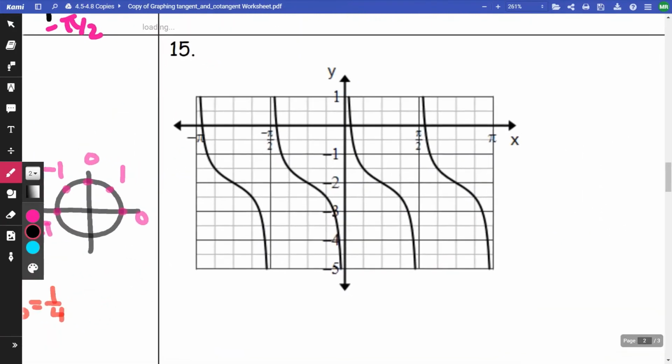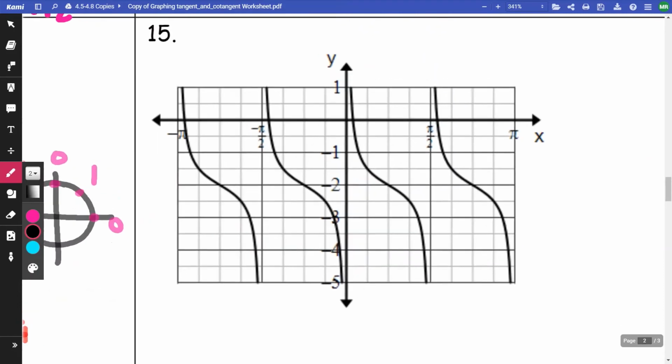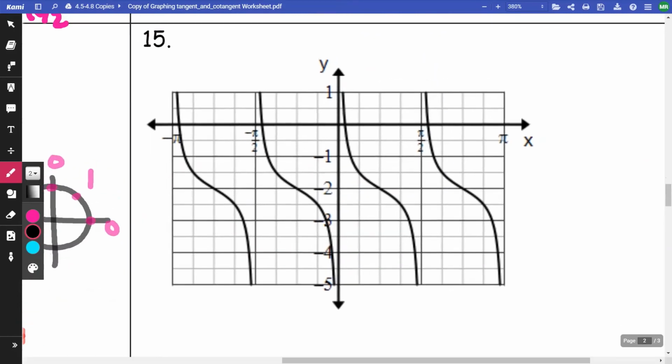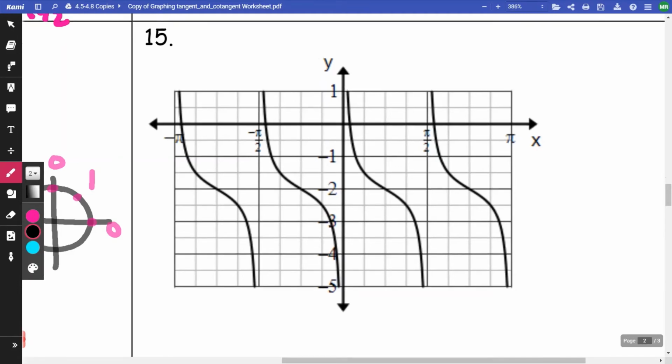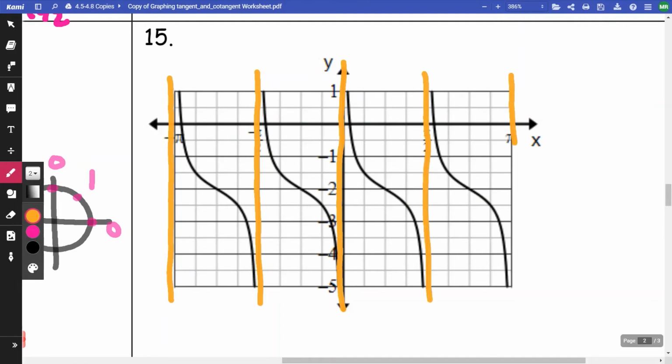So just like with our sine and cosine graphs, we could have different versions of these depending on where we're focusing on our start and whether we're going to be thinking of it as a positive cotangent or a negative tangent or vice versa. Okay, so on this one we have negative pi halves, 0, pi halves, and so forth.